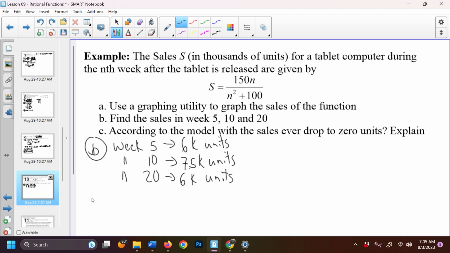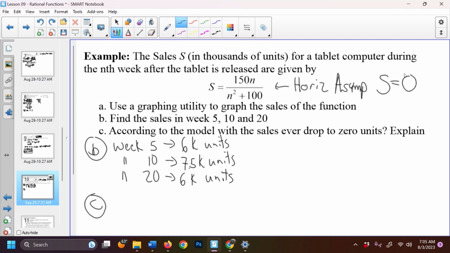So part C says, according to the model, will the sales ever drop to 0 units? Let's talk about real world versus the model. According to the model, I have a horizontal asymptote at S equals 0.